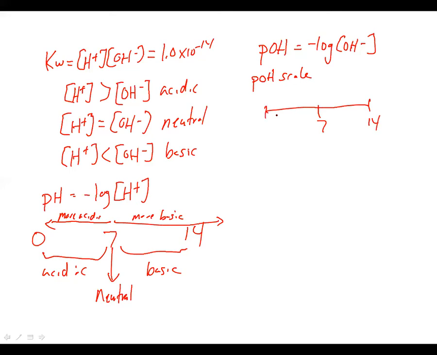Below 7 is basic on the pOH scale, and above 7 is acidic. So it's opposite. That's why when I talk about determining acidic, basic, or neutral, it's always the pH scale that you want to look at, because that's pretty much what everybody has in their head. Most people don't have this one in their head.